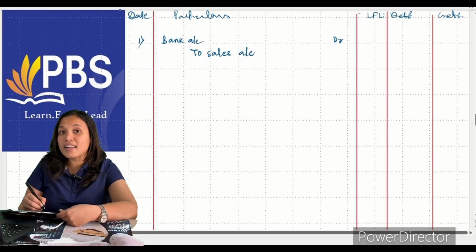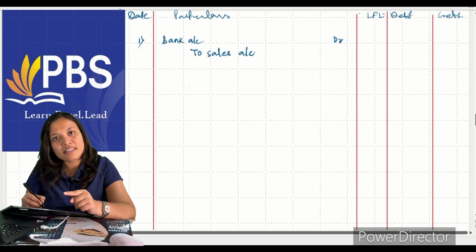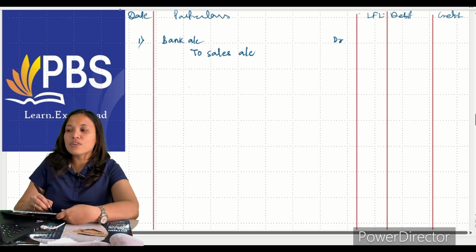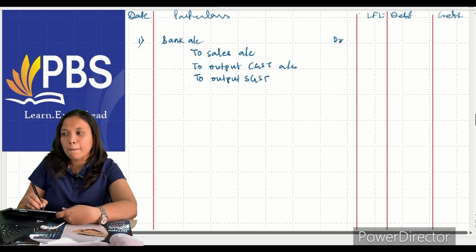But on sales, which tax is collected? Output tax, and output tax is credited. So here also output CGST account, output SGST account.